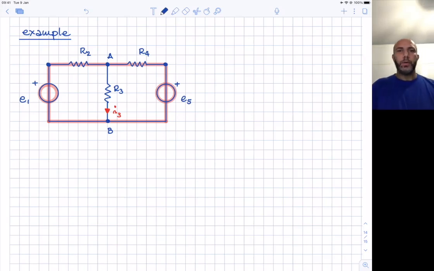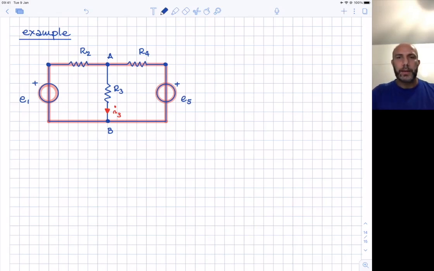Now let's see how to apply the Norton's equivalent to solve an exercise. In this example, what we have to do is to substitute the part of the circuit highlighted in red with its Norton's equivalent representation.